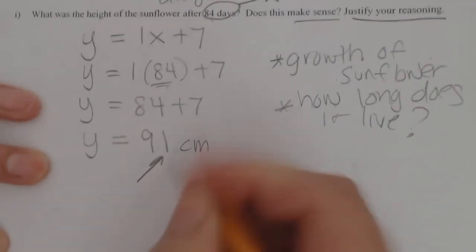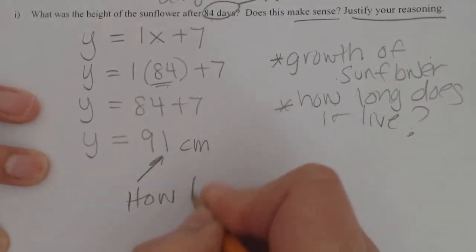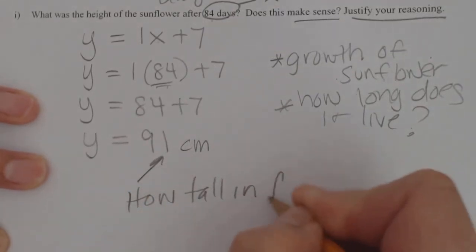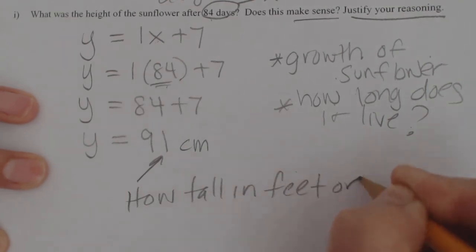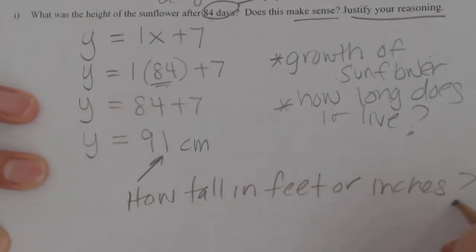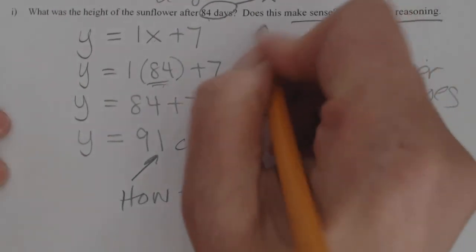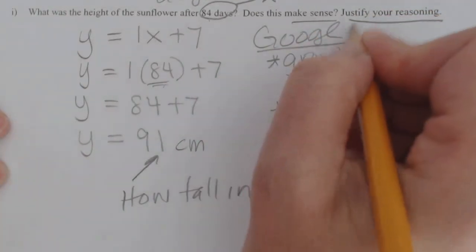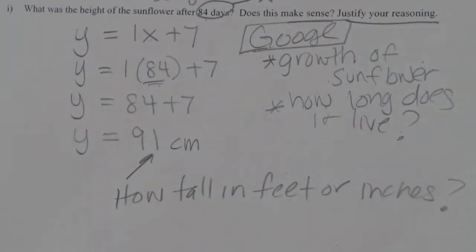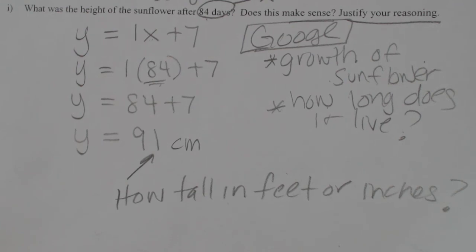And I'd also look up how tall this is in feet or inches. So I would definitely do some research. I would Google that, and I would justify my reasoning on this. Okay, this has been an application: writing an equation of a line, 2 points.